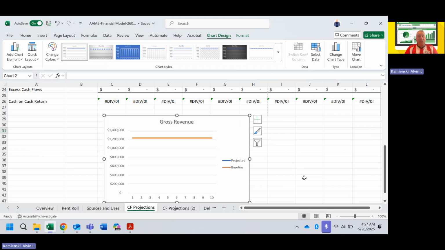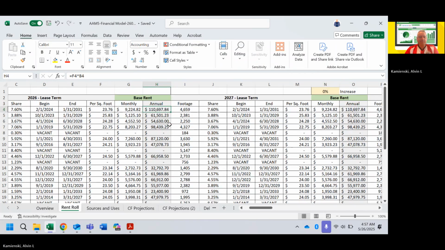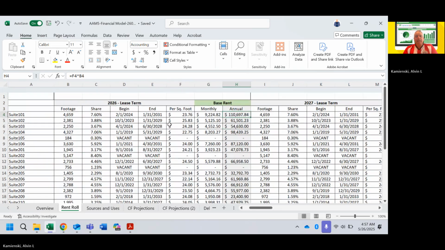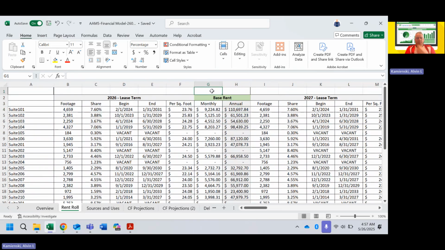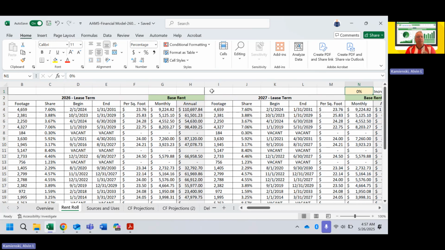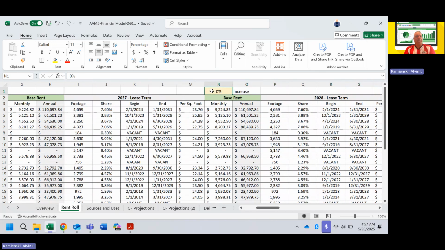The reason we do that is this. Go to rent roll now. In your rent roll, in 2026, so in N1, change that back to 5%.